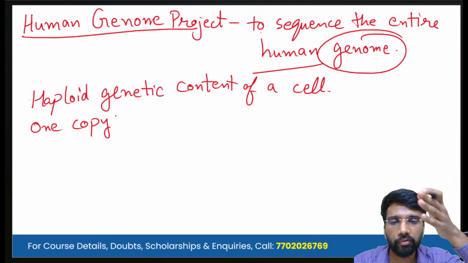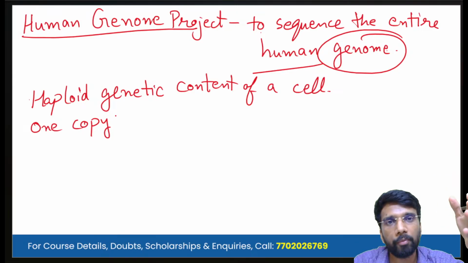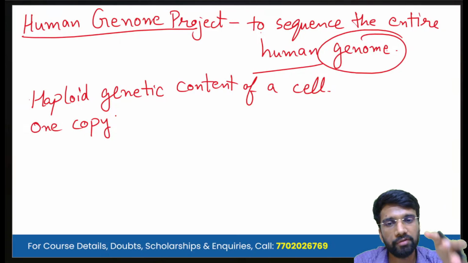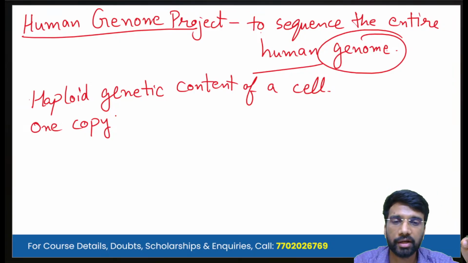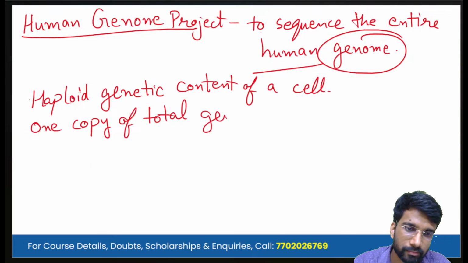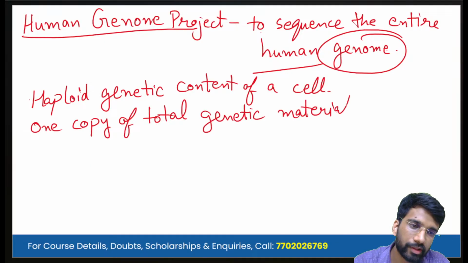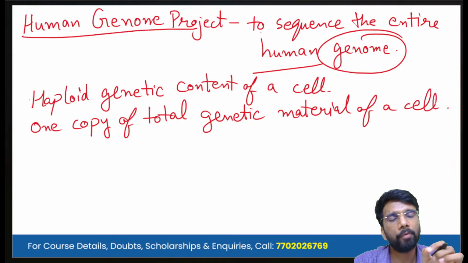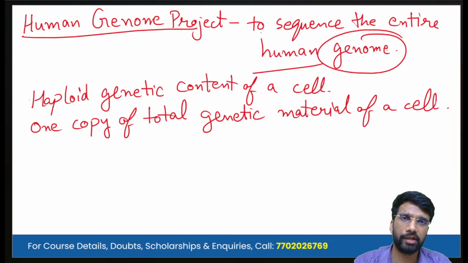We are diploid, so we have two copies. But in the human genome definition, we take only the haploid genetic content. So one copy of the total genetic material of a cell. That is the human genome.